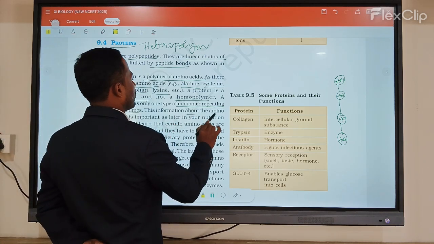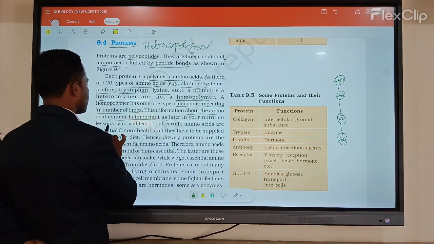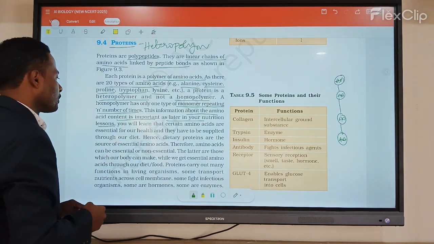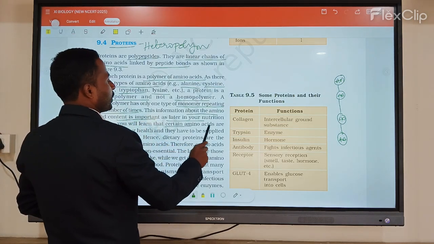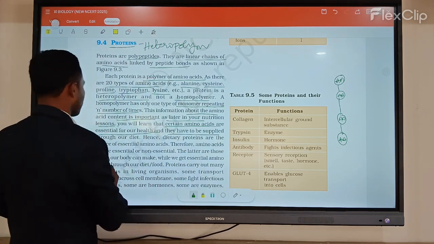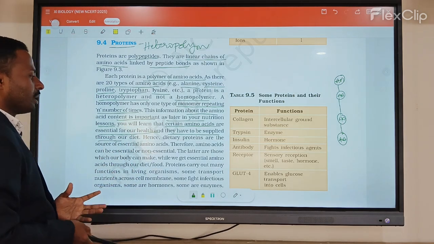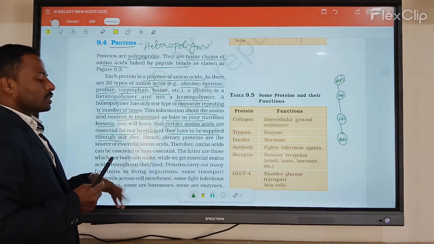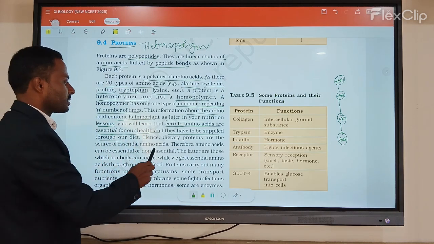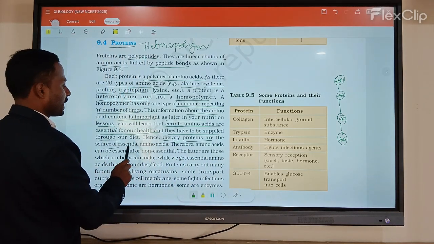This information about amino acids is important for the later nutrition lesson, where you learn about certain amino acids that are essential for your health and must be supplied through our diet. Dietary proteins are the source of essential amino acids.